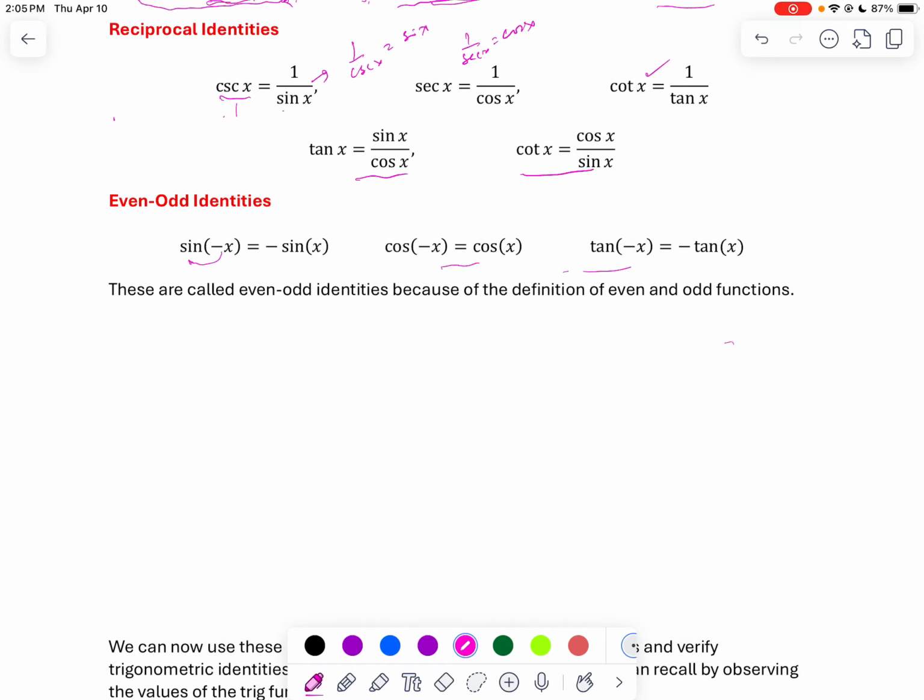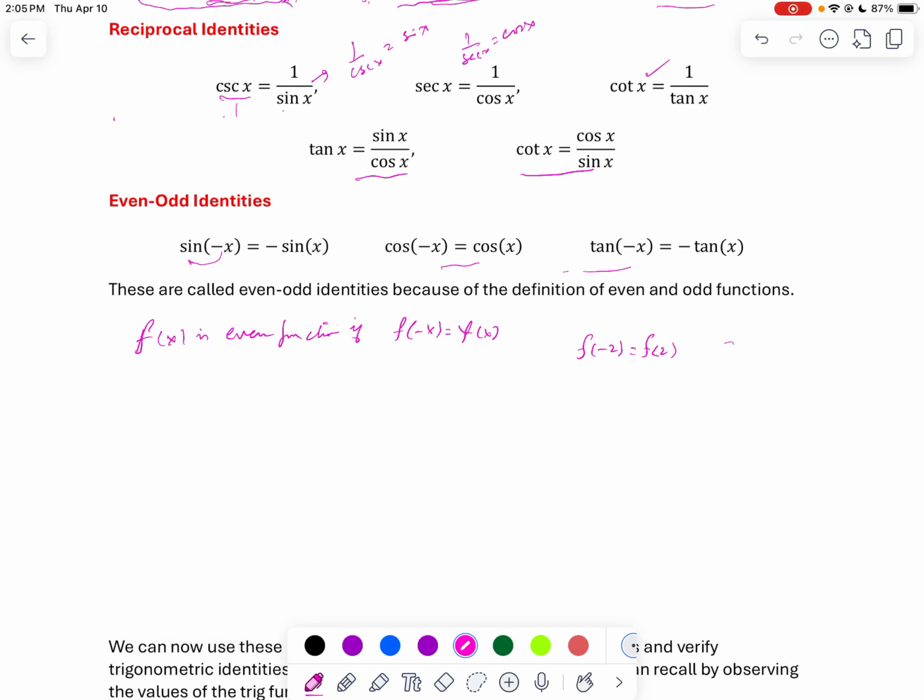Because these are the definitions of, if you recall, the even functions and the odd functions. So what is an even function? We say f of x is an even function if f of negative x is equal to f of x, which means the value of f of negative 2, for example, should be the same as the value that you have at 2.